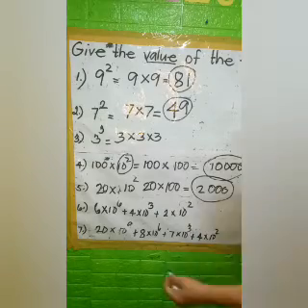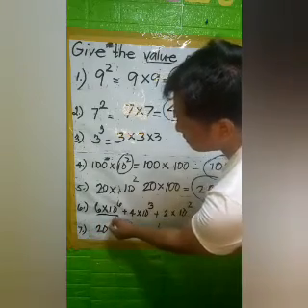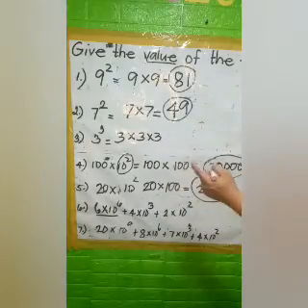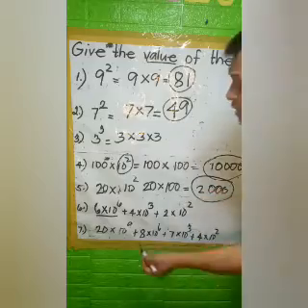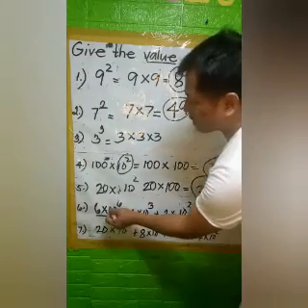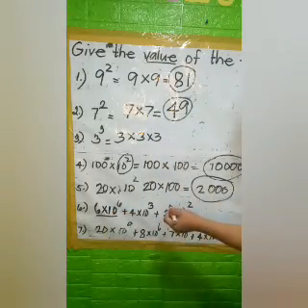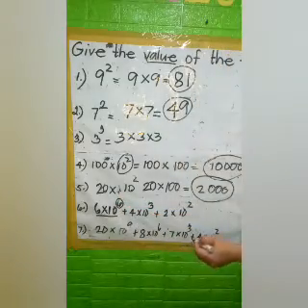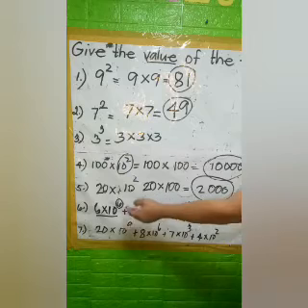Next, number 6. We have here, what is the product of 6 times 10 to the power of 6? So, gaya ng aking nabanggit nung nakaraan, kapag gumagamit tayo ng base which is 10, yung exponent natin ang magre-represent ng number of zeros. So how many zeros do we have here?